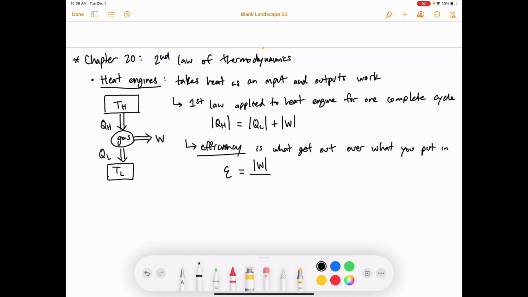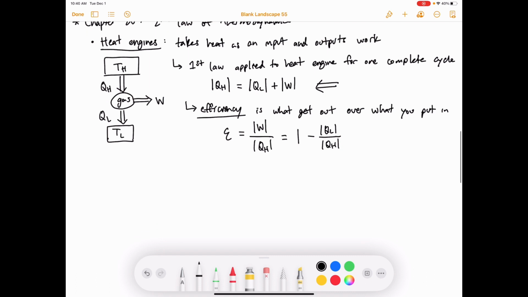And then what do we put in? QH, right? That's the heat that we have to pump into the engine in order for it to operate. Now, actually, there's another way of writing this equation out, because if you take the equation up here, you can see that W is QH minus QL. So we'll have QH divided by QH, which is 1. And then we'll have minus QL over QH. So these are just two equivalent ways to think about the efficiency of a heat engine.